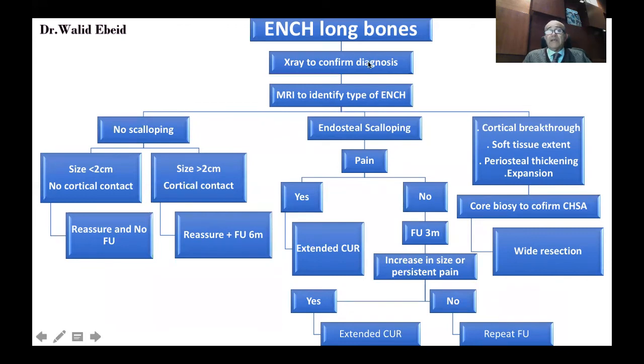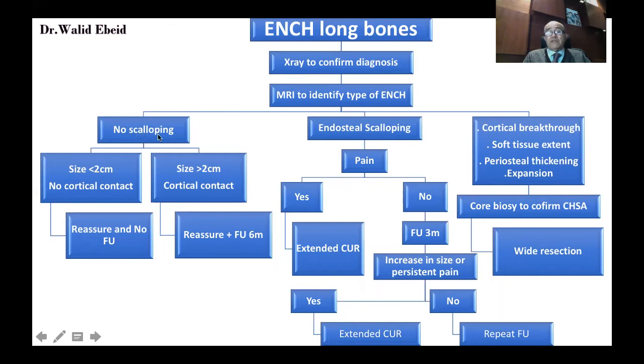So if we take it step by step, whenever you have an enchondroma of a long bone, we confirm the diagnosis by X-ray, and then we do an MRI. If in the MRI there is no scalloping and the size is less than 2 centimeters with no cortical contact, we reassure the patient and he doesn't need any further follow-up.